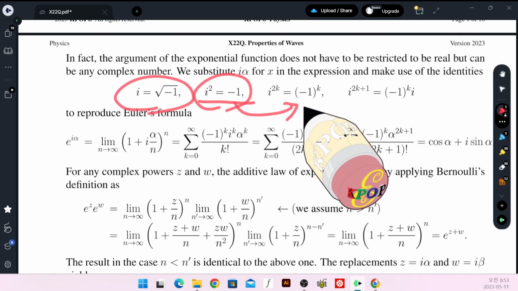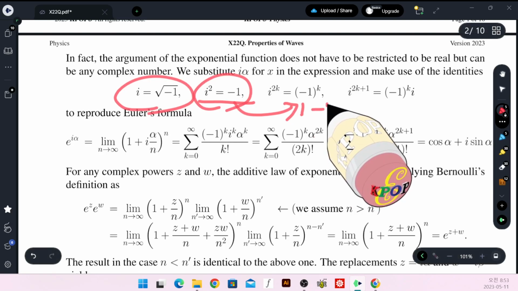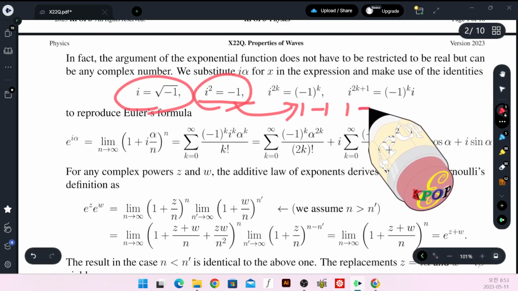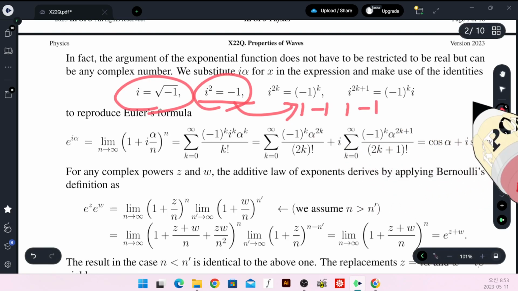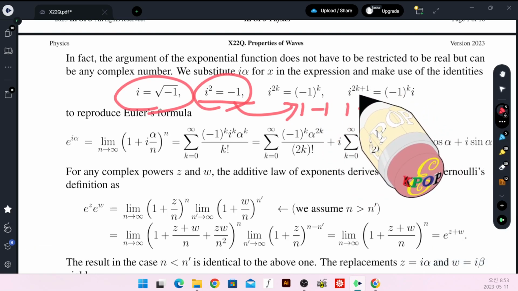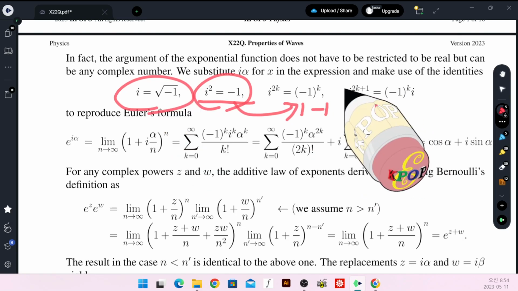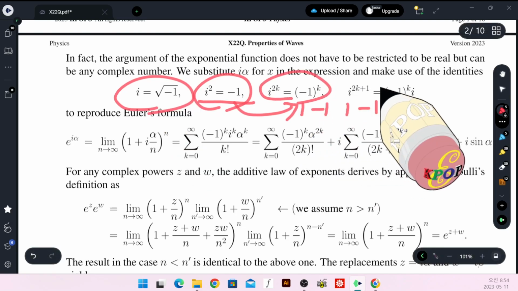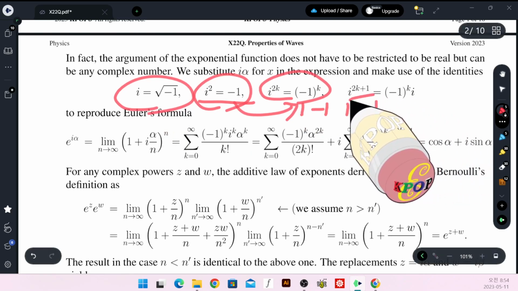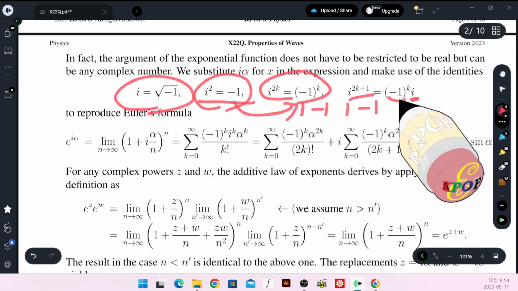When k equals 0, it is 1, but after that it oscillates: +1, -1, and so on. In a similar manner, if I take the odd powers of i, this rule can be applied to find that it is proportional to the pure imaginary number i with an additional oscillating factor.